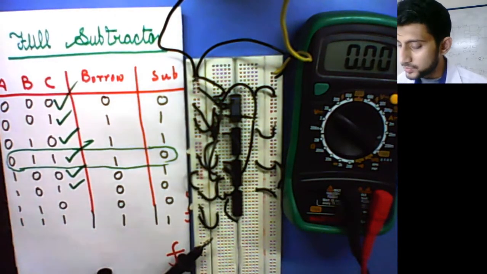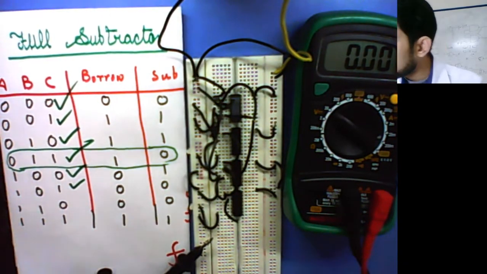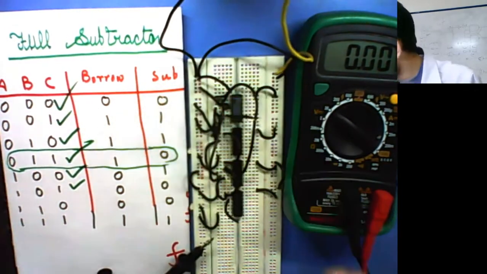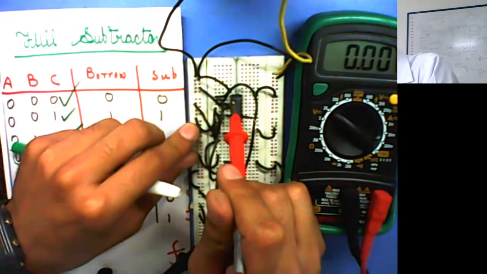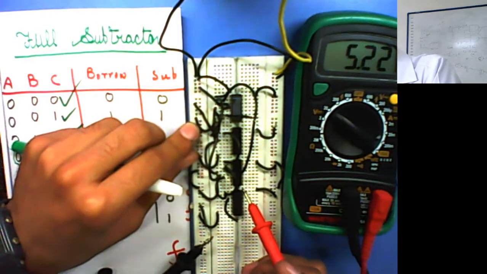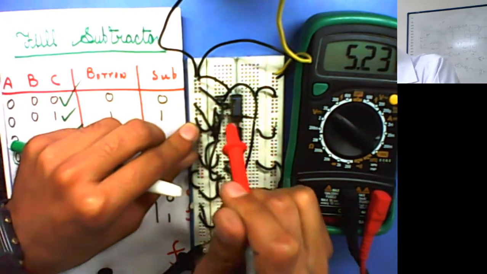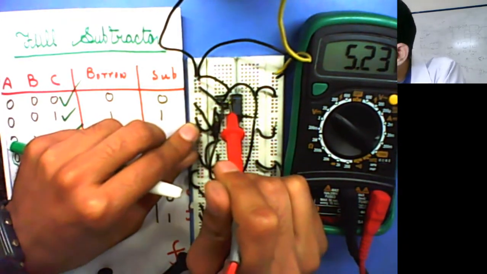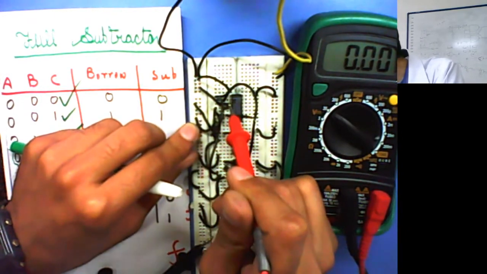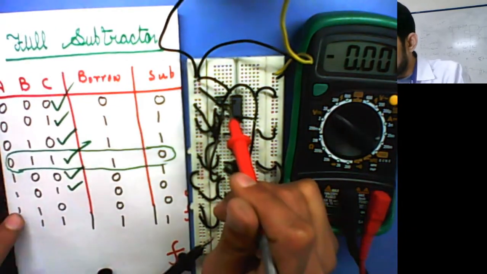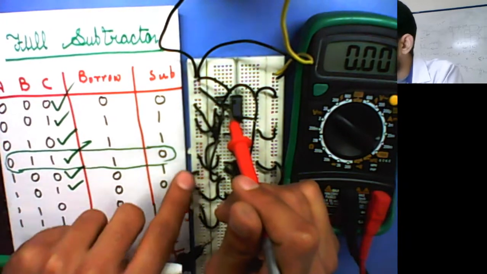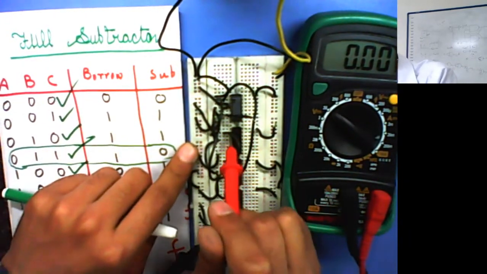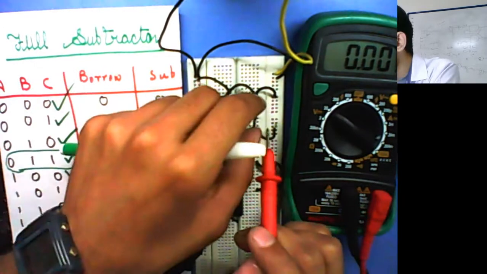Because I gave 1 1 0, this is 1, this is 1, and 1 minus 1 equals 0, so it should be 0. We have to check it over here.